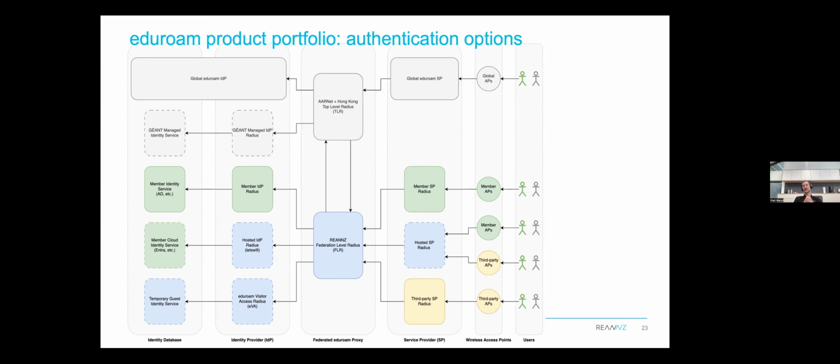So we are now offering a hosted SP service. So if it's a unique situation where the access points need to connect to something, but there is no member SP server, it can also be our hosted SP. So if you are in that situation, let us know and we should be able to help with that.